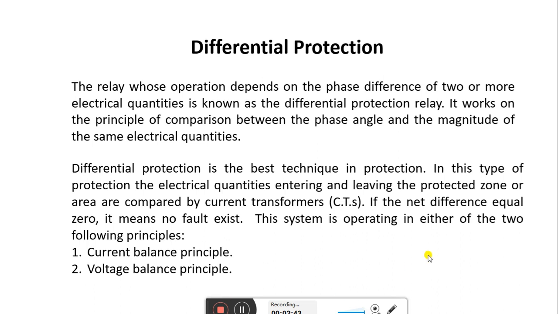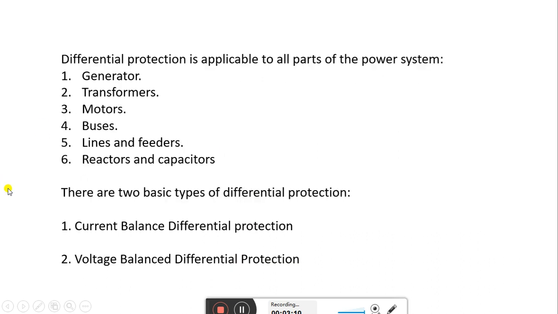This system operates on either of two principles. The first one is the current balance principle and the second is the voltage balance principle. We will study one by one, first the current balance differential protection.